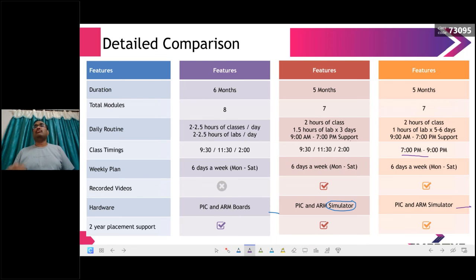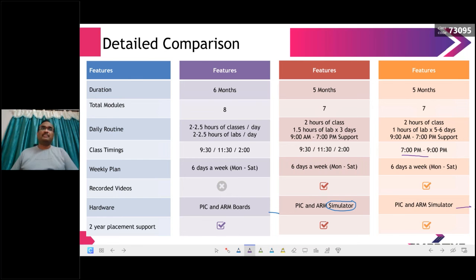There's a slight difference in the labs so that your time is distributed. But in terms of overall duration, whether you are online regular or online evening, it's the same. And of course, the hardware, the placement support and the recorded sessions will remain the same.